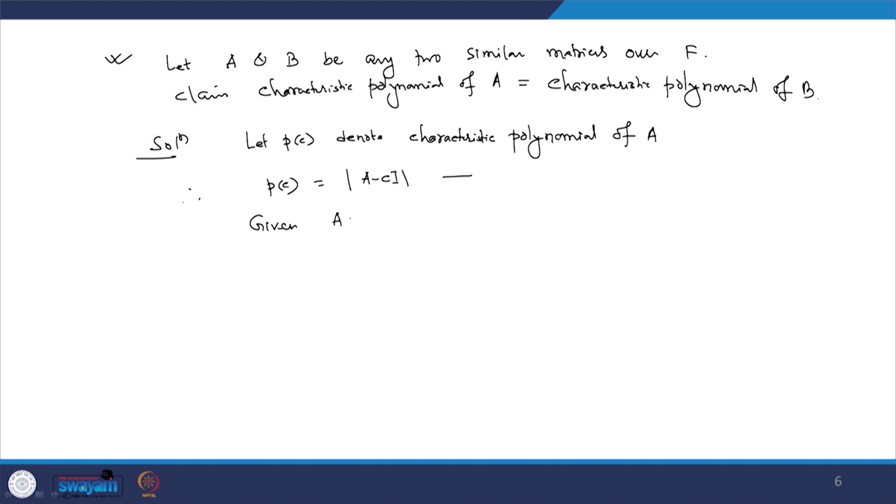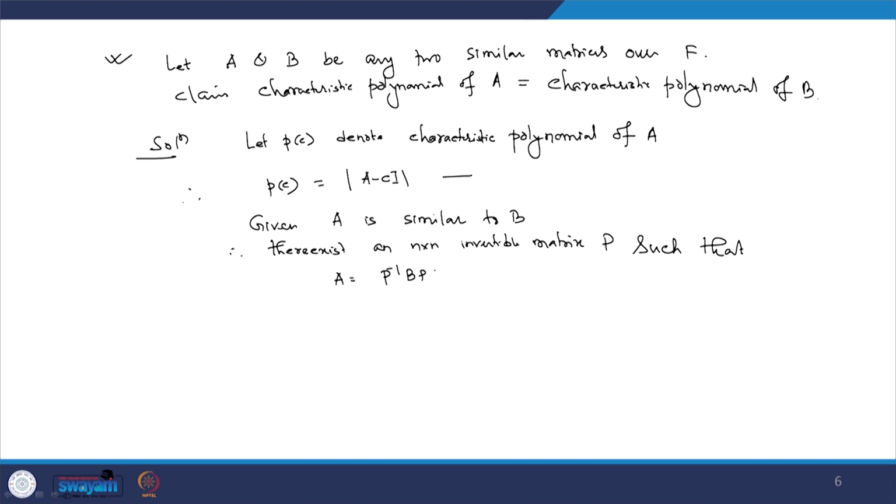Given A is similar to B, according to the definition of similar matrices, there exists an n cross n invertible matrix P such that A equals P inverse B P. So, this relation holds good.